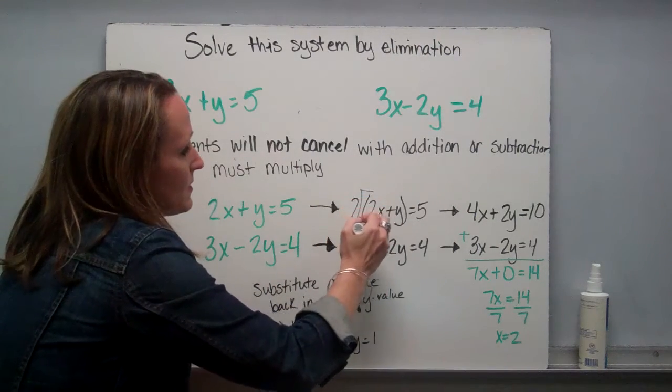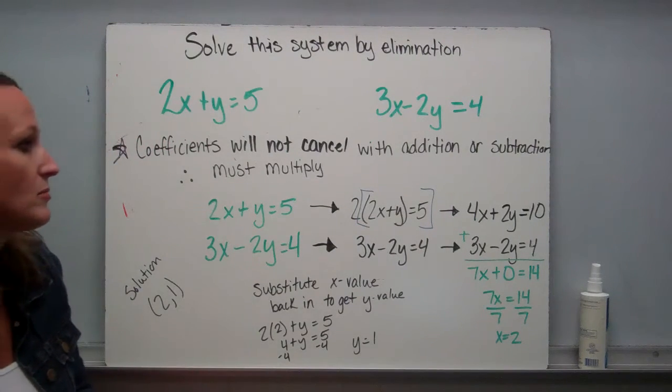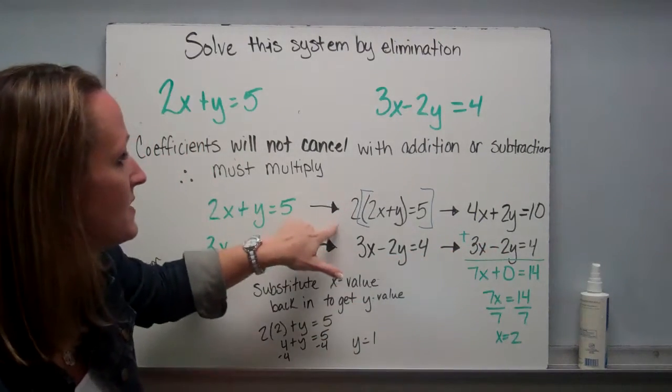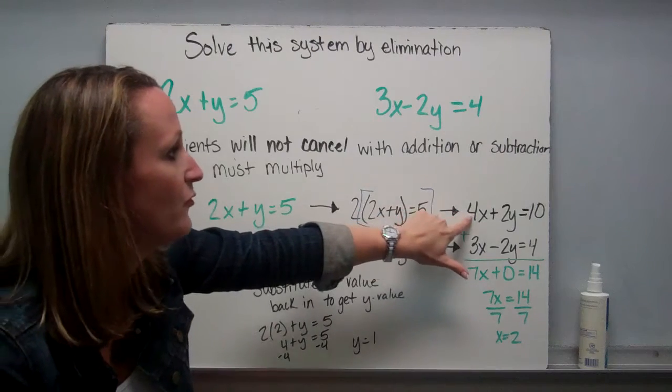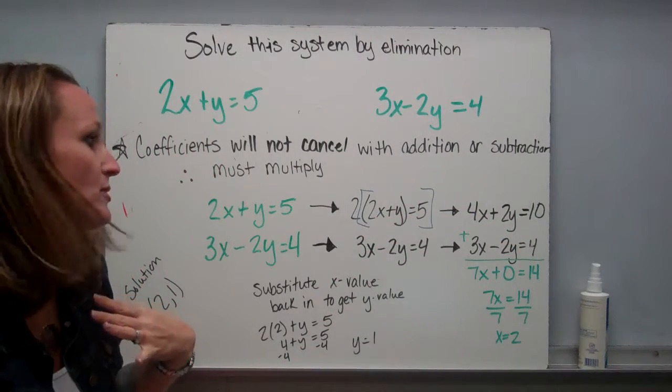And really, we want to multiply everything by 2. I drew my parentheses in the wrong place. So this is going to stay the same all the way across. This is going to become, when I distribute my 2 all the way, 4x plus 2y equals 10. Recap, what did I do?